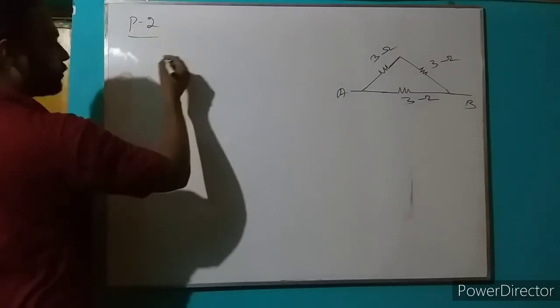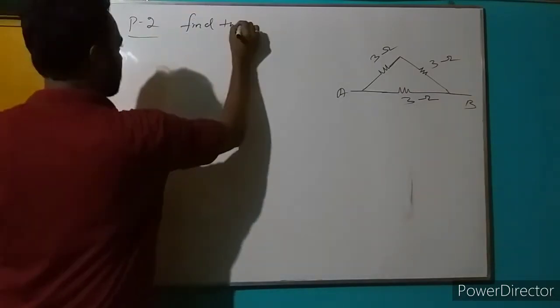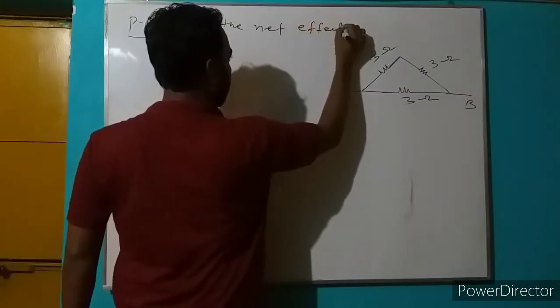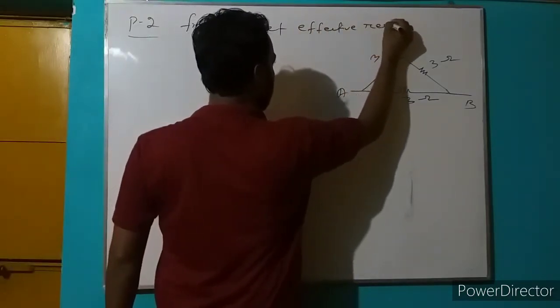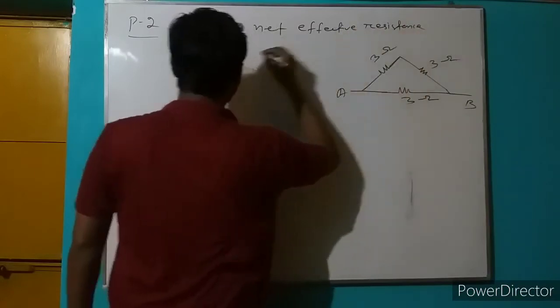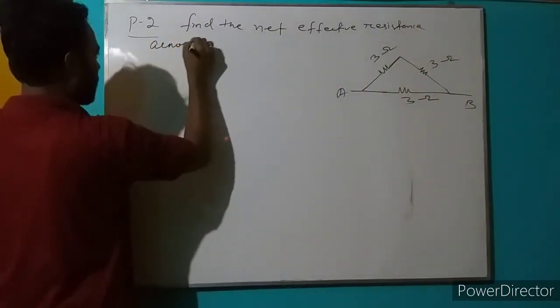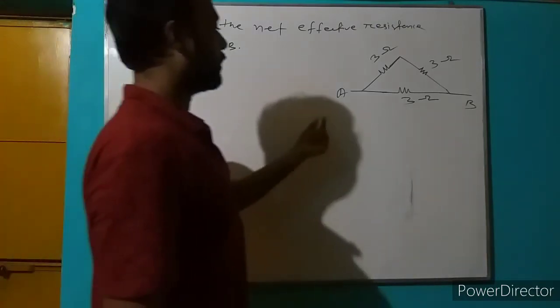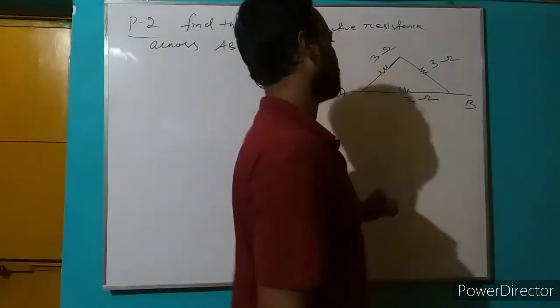Here in problem 2, find the net effective resistance across AB. Clear?